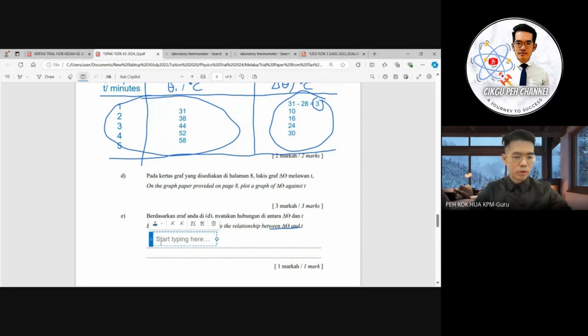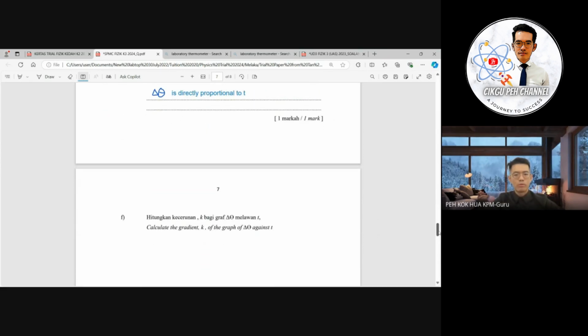So delta theta is directly proportional to t. Okay, 1 mark. Or you have to put delta theta increases, t increases also can. 1 mark.